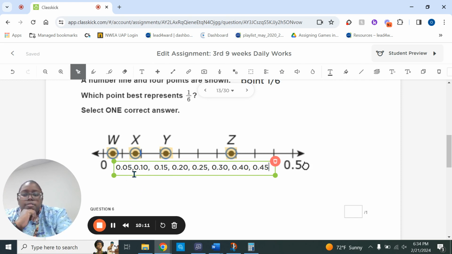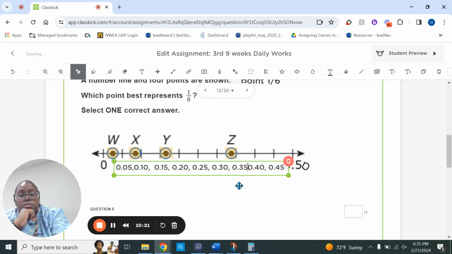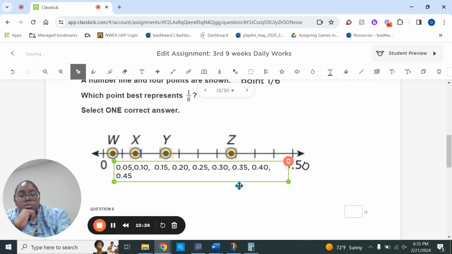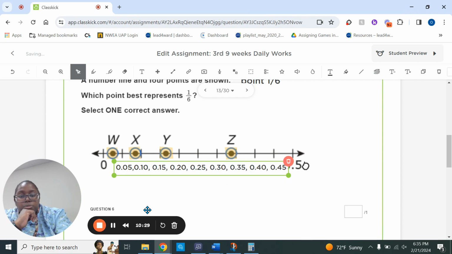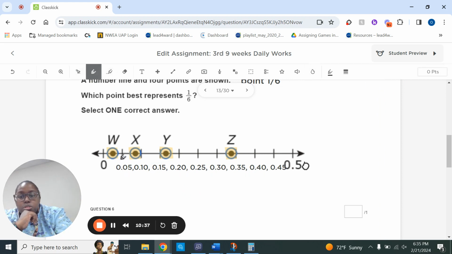Wait, am I missing one? 5, 10, 15, 20, 25. There I am. I'm wondering why that didn't reach. I'm going to take some space out of that one. All right. So here, here, here, here, here, here, here, here, and here. All right, I have all my numbers.